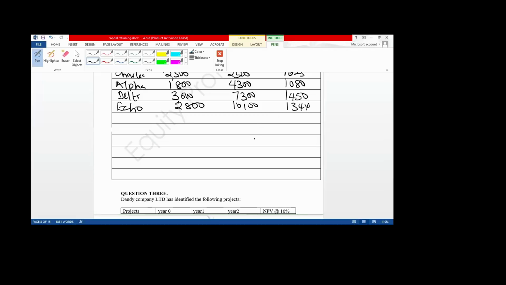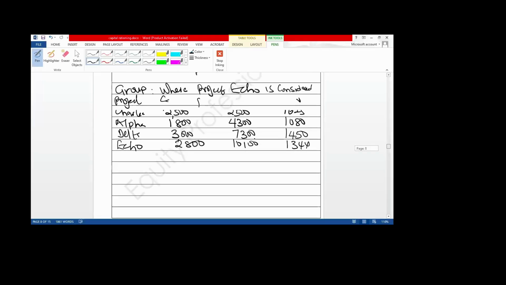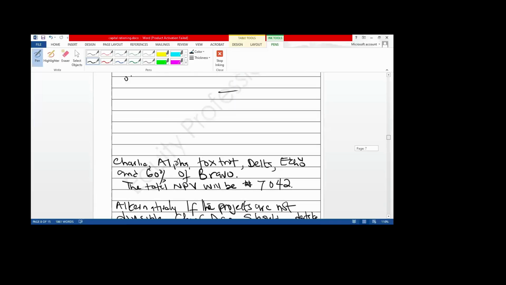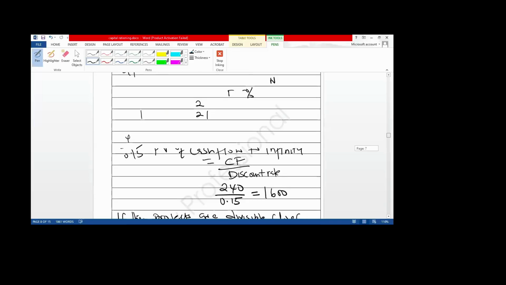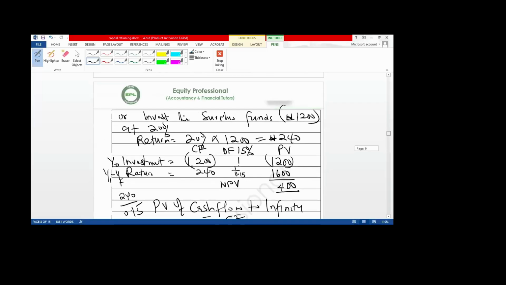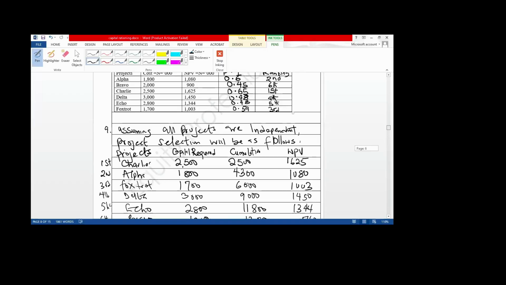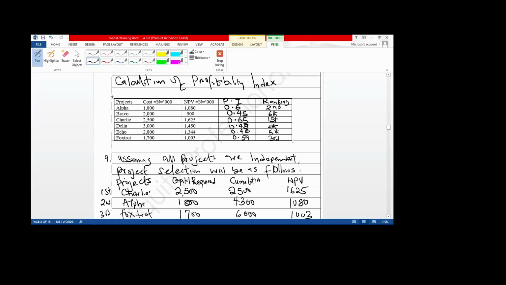Then we have Bravo. Bravo will cost 2,000. NPV 900.